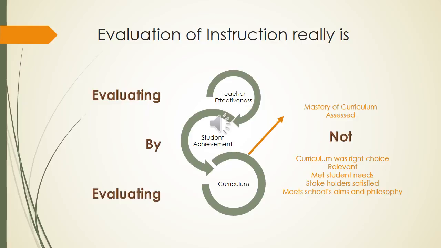But when we evaluate teacher effectiveness by looking at student achievement, then really all we're doing is evaluating the curriculum. We're not really looking at what the teacher does, but what the students have done with what the teacher has taught. And therefore, we're not doing a great deal of evaluating the curriculum.